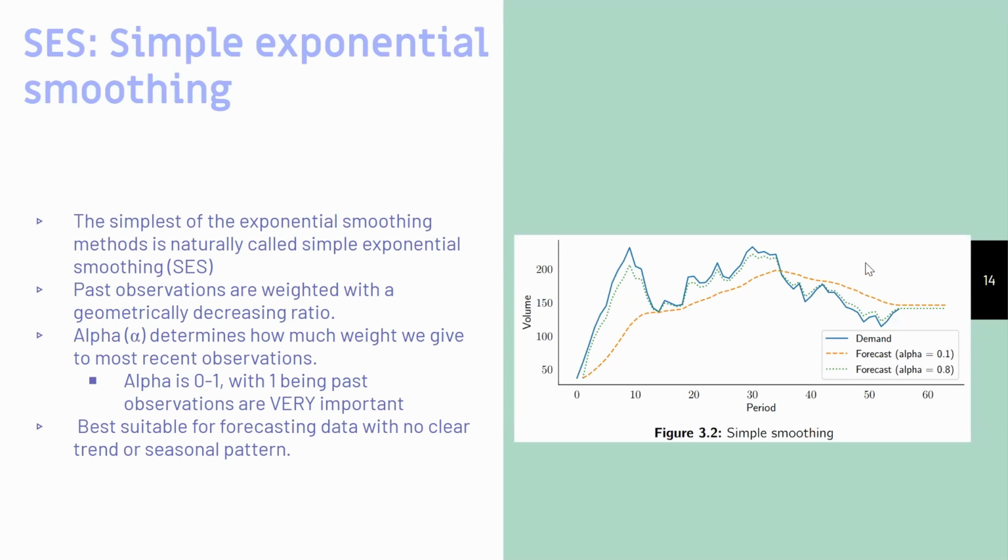So to visualize this in the best way possible, I would have you look at this graph. As you can see, the blue line is the actual values line, so that's what actually happened, while the green line is with alpha 0.8, and the orange line is with alpha 0.1.